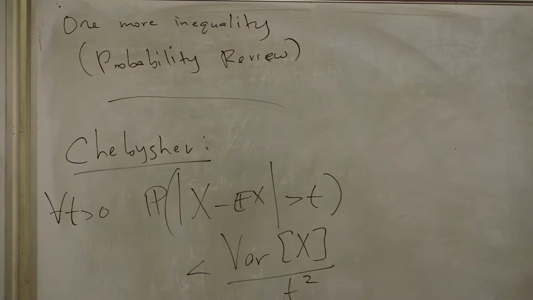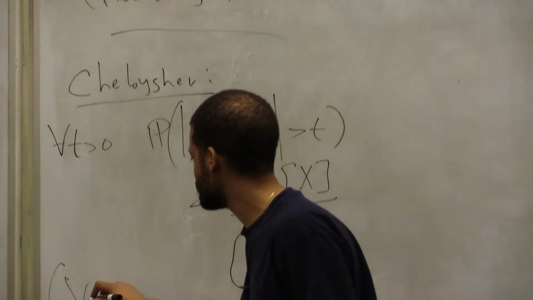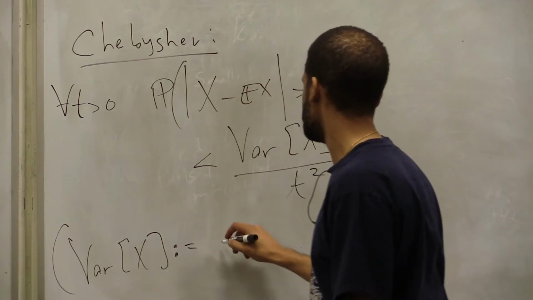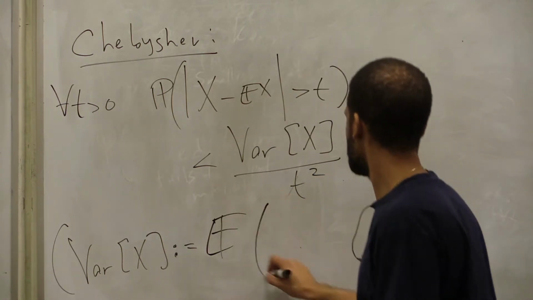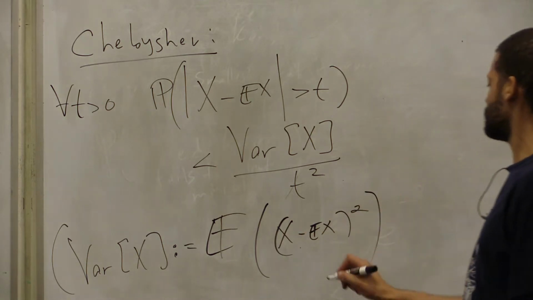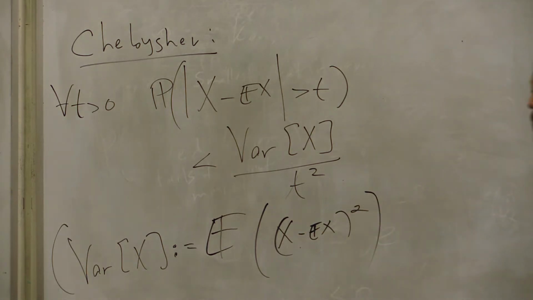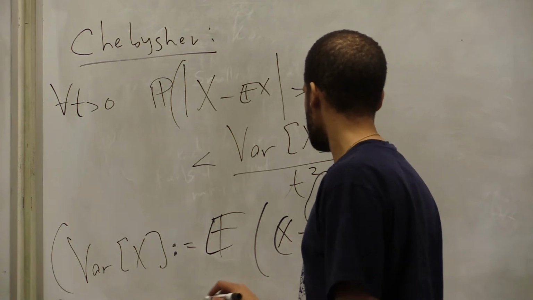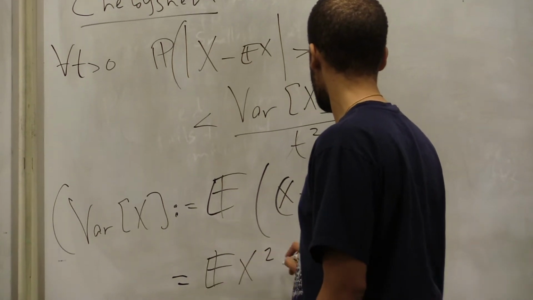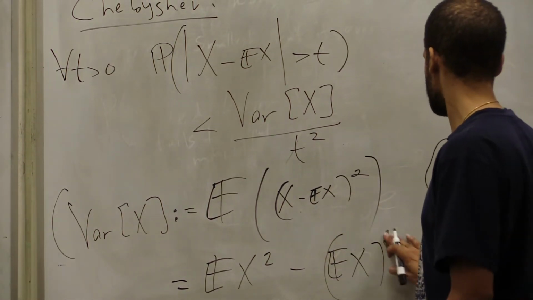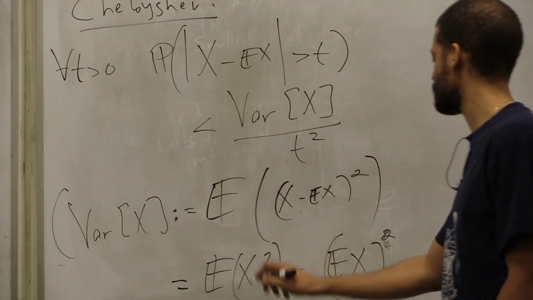And if you don't remember, the variance of X is defined to be the expectation of (X minus its expectation) squared, which, using linearity of expectation, you can prove is equal to the expectation of X squared minus (the expectation of X) squared. What I mean here is the parenthesization.